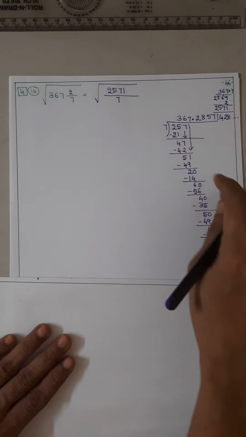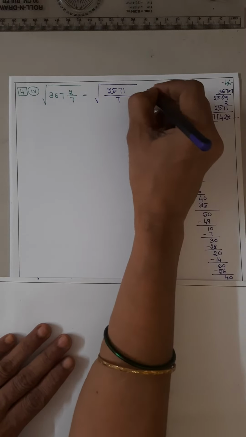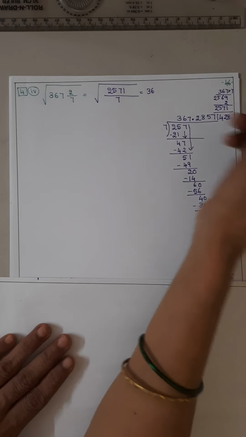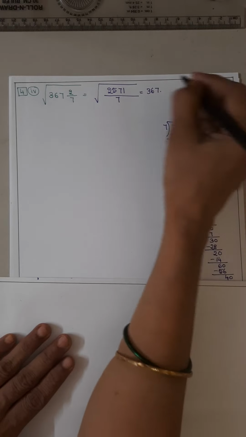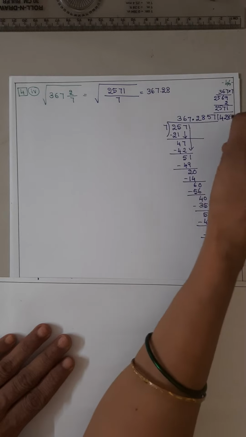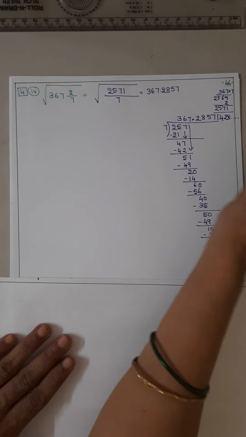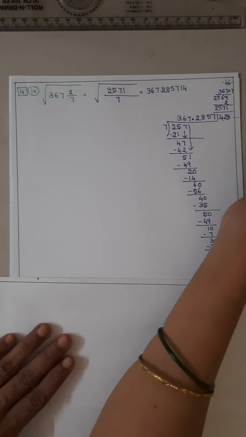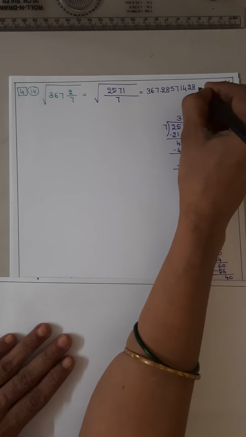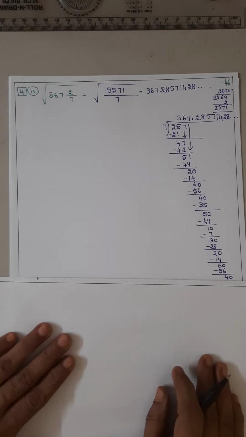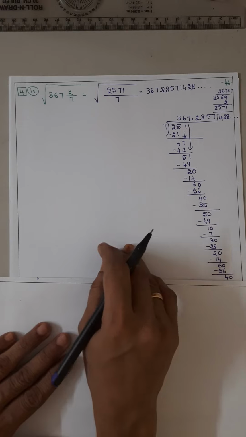So it will be 367.28571428. Okay, now write the number.